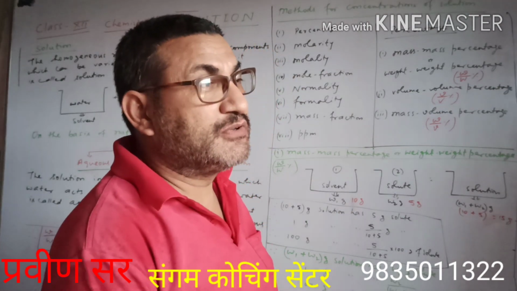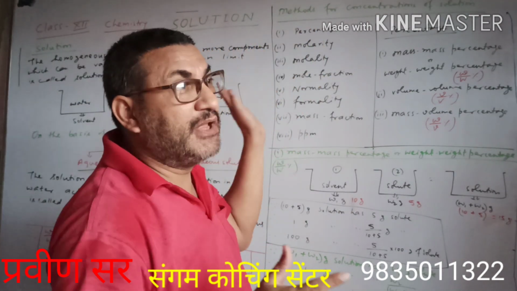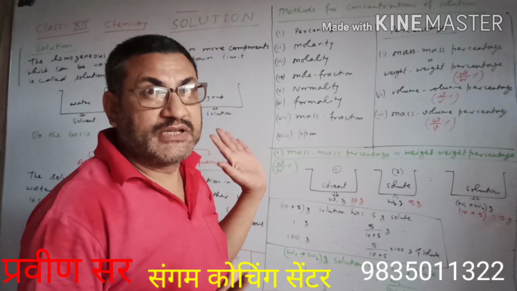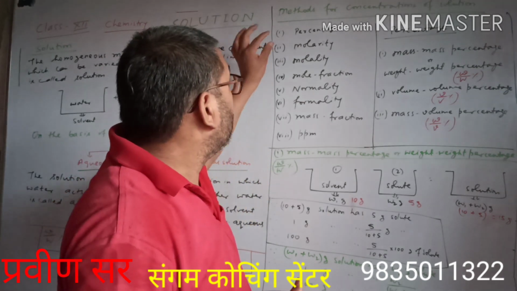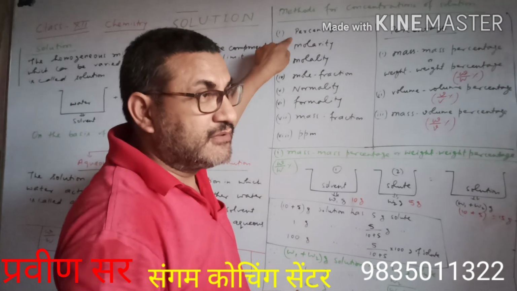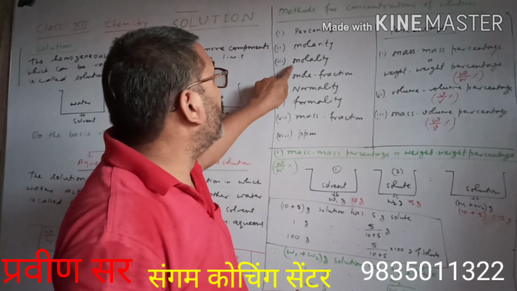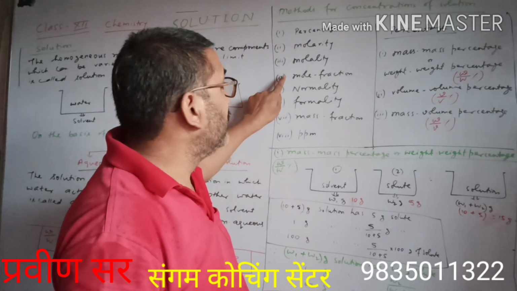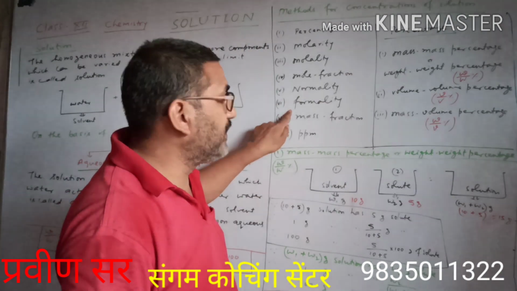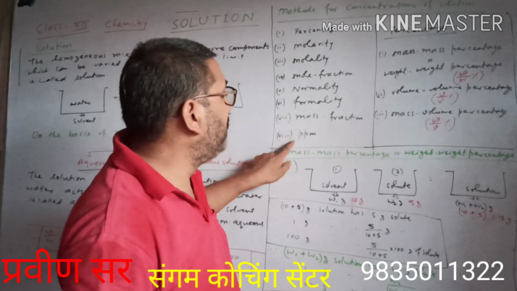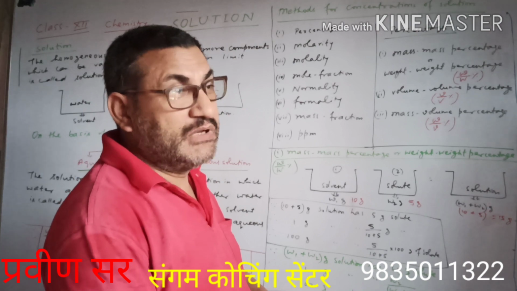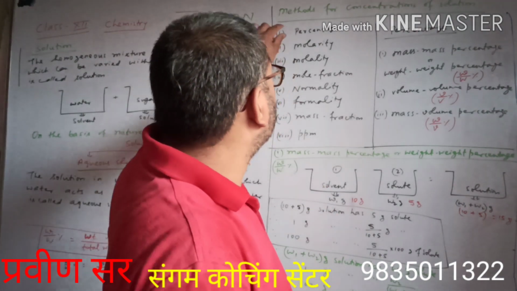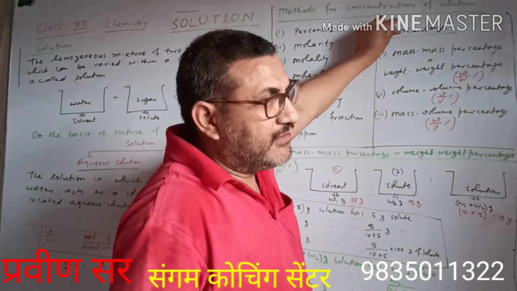What are the methods for expressing concentration of a solution? There are many methods, like percentage, molarity, molality, mole fraction, normality, formality, mass fraction, ppm. Now we start with the first, percentage.